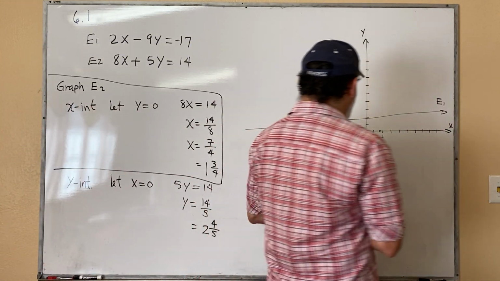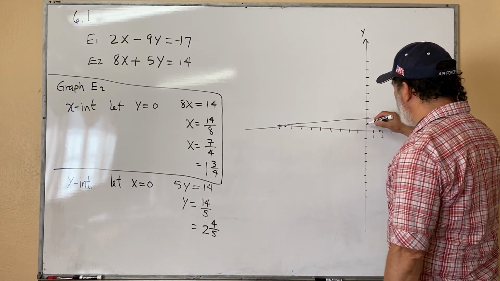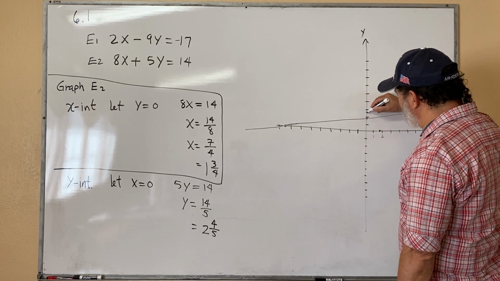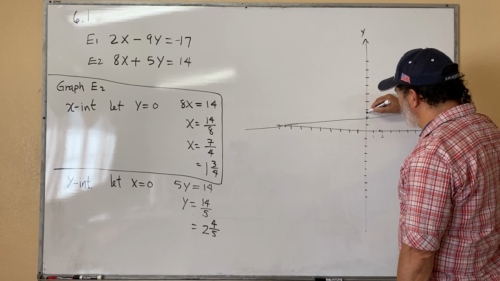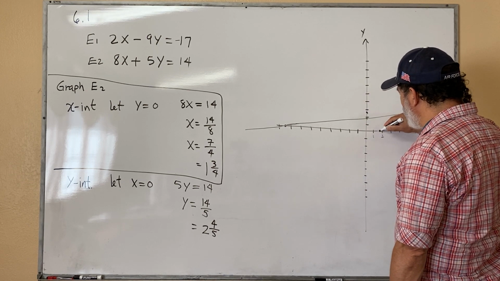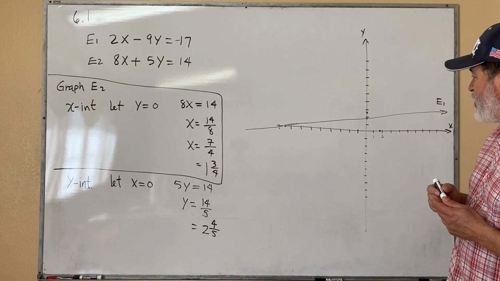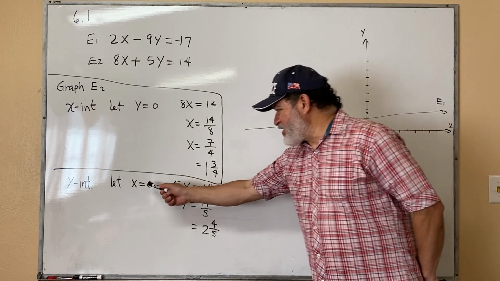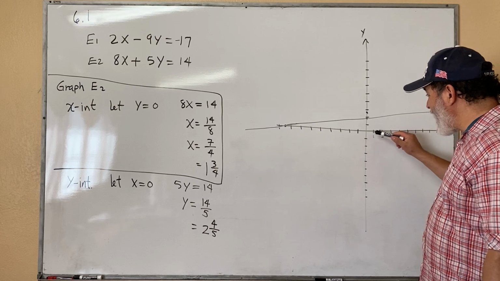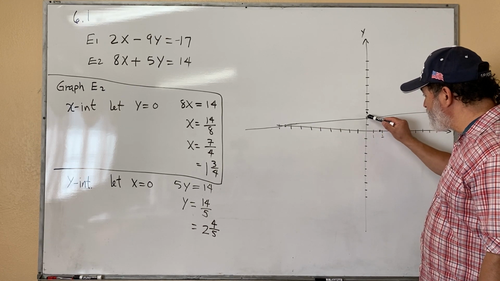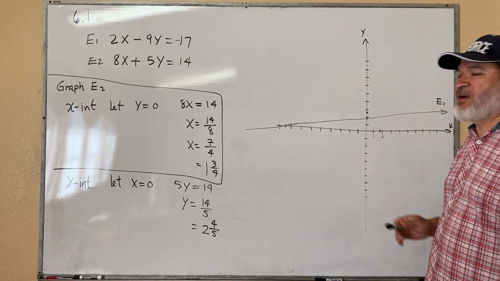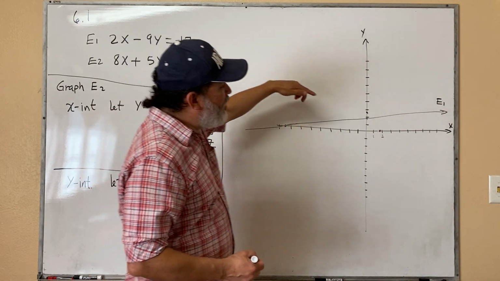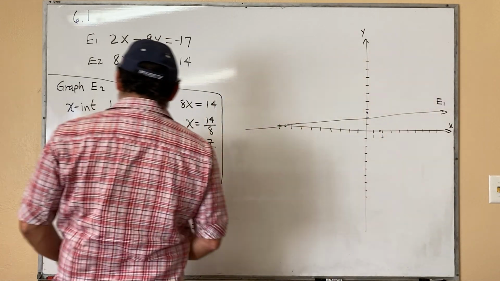When x is 0, y is 1, 2, and 4/5 is right around there. This is an approximation. I'm doing equation 2. Now we're going to connect these 2 points for equation 2.